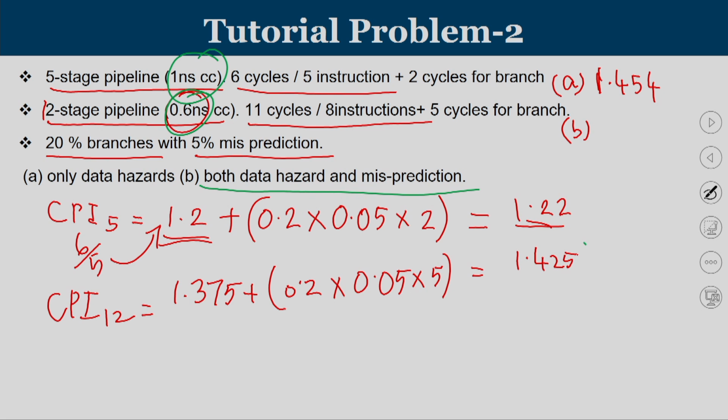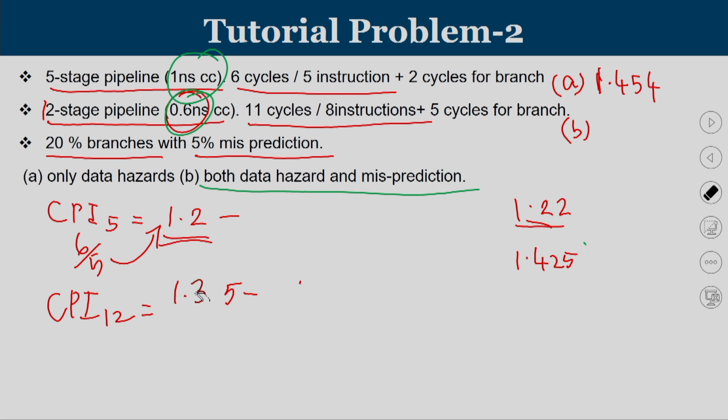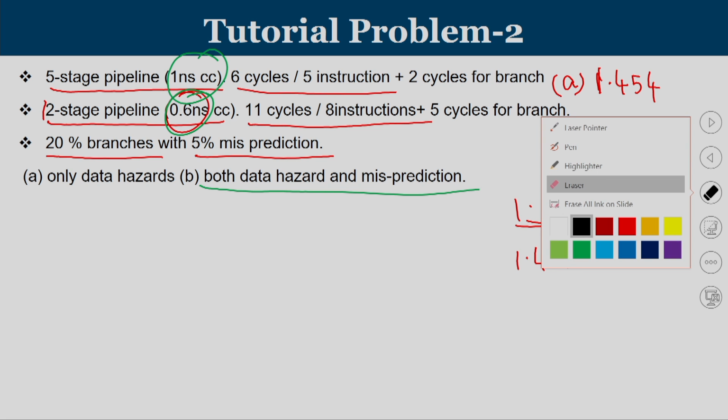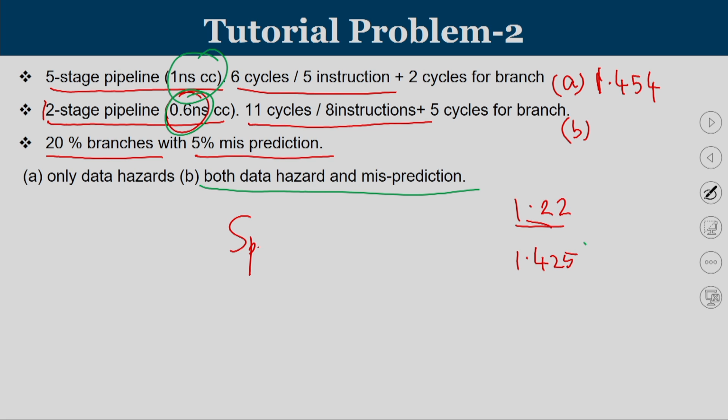Now, when you find the speed up, it is the ratio of the execution times, where execution time is defined as CPI into the corresponding clock cycle of one machine divided by the other.